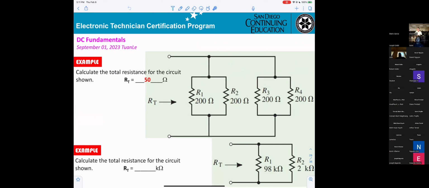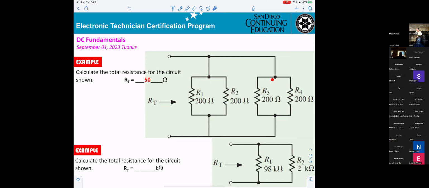Basically, you want to combine all of the resistors in parallel into only one resistor. On this one here, they want to know the total resistance. You can see R1 and R2 are parallel, so you have to combine them into one resistor.